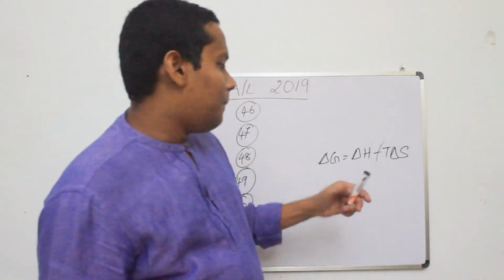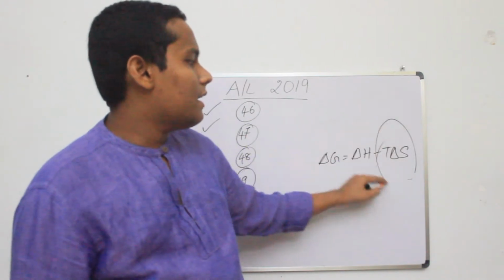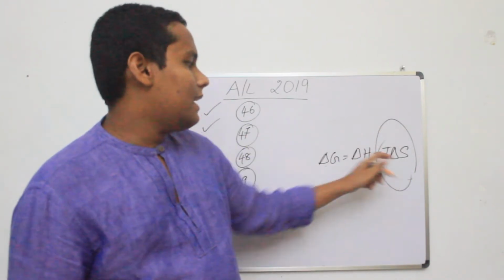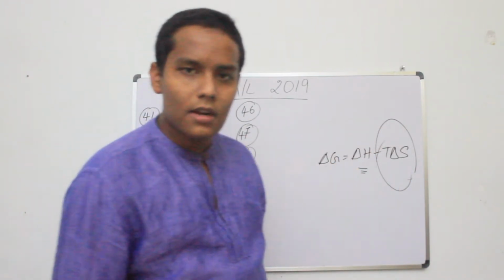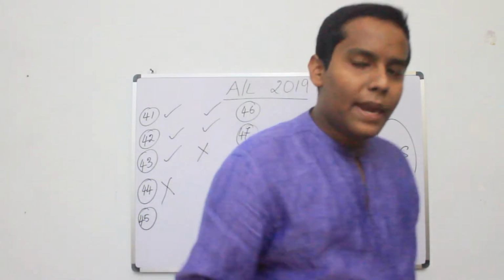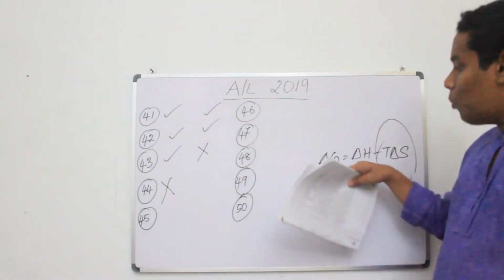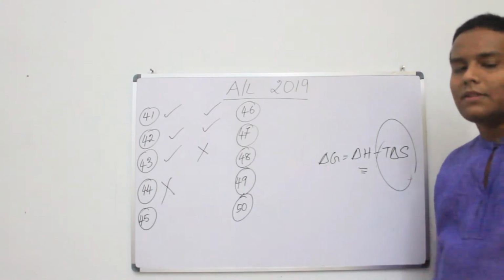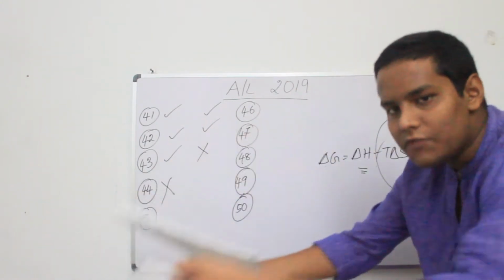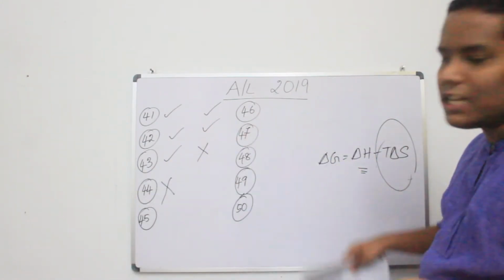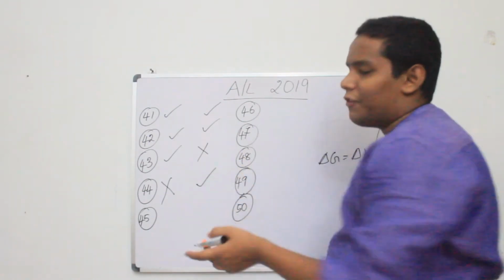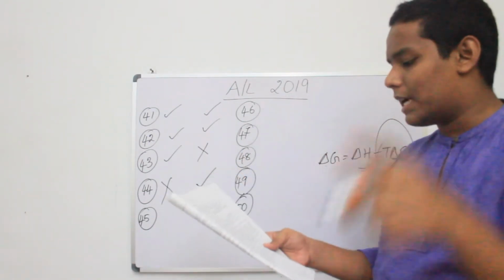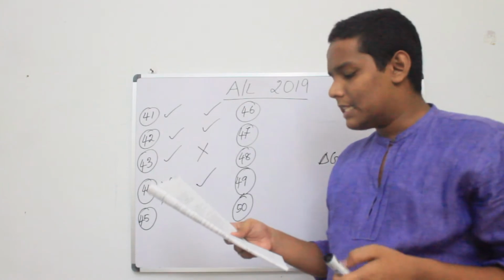Because temperature constant means delta S is constant, delta H is also constant. So G will be predominantly monitored by how the reaction happens. So we can say looking at G which way the reaction is favored. That's correct. So in 44, the first one is wrong, the second one is correct. Answer is answer number 4.